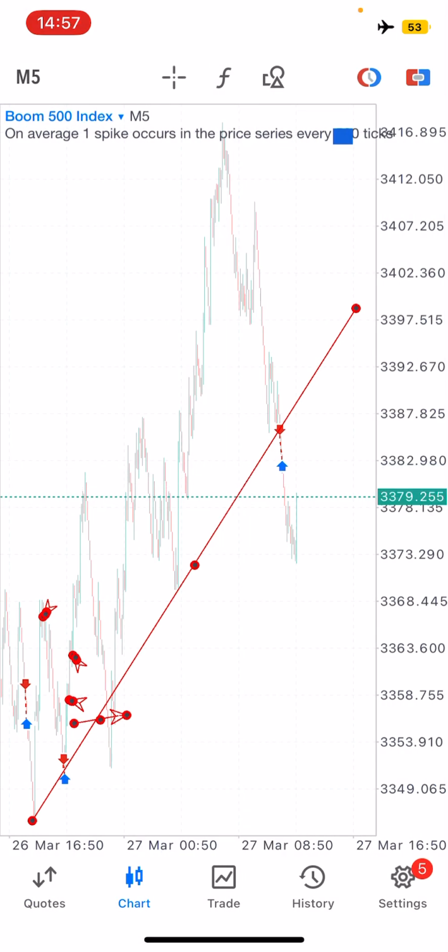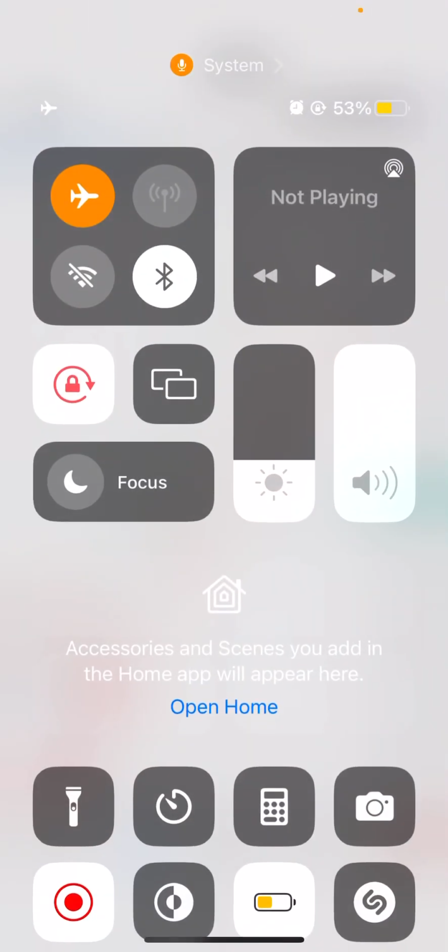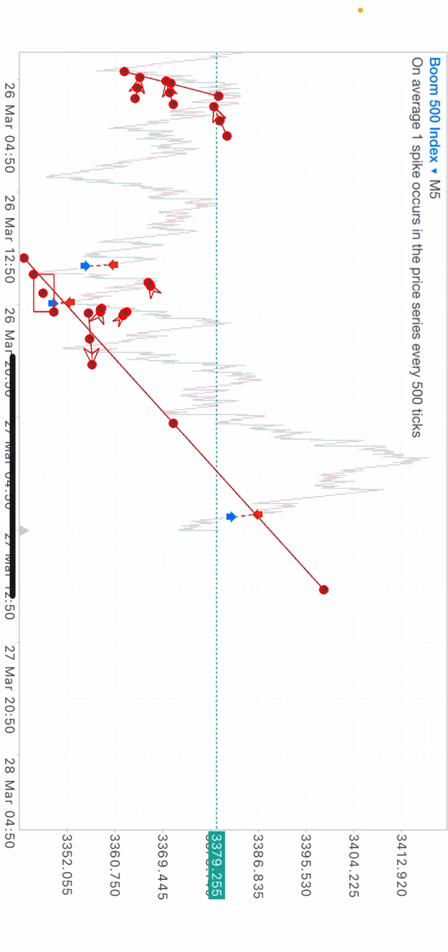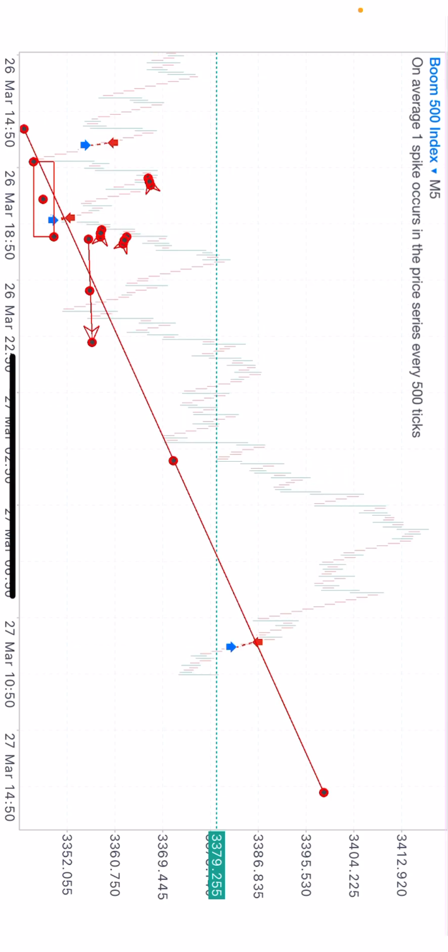So I'll try and mark up the touches that we were having, that verify and qualify this entry. Okay, let me try and switch to landscape mode so that you guys can clearly see. So this is what we have. All right, this is what we have.